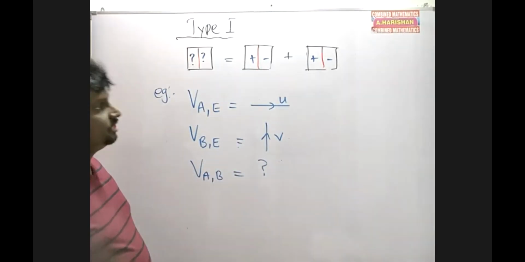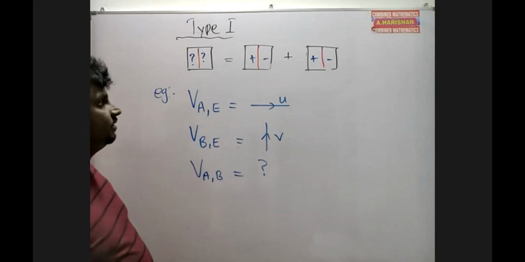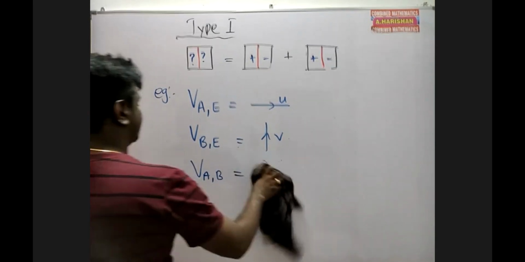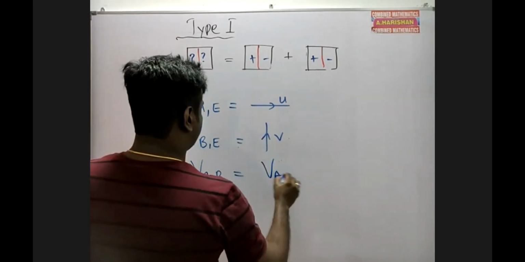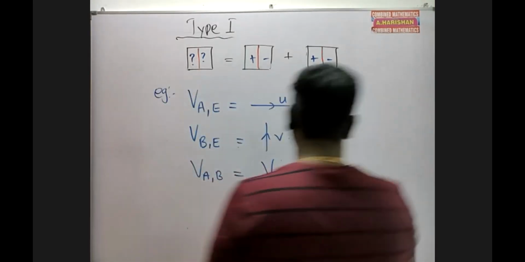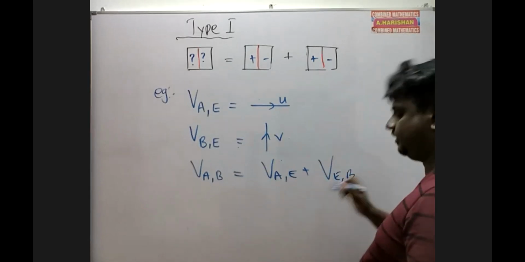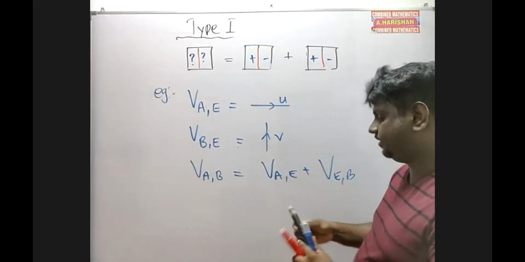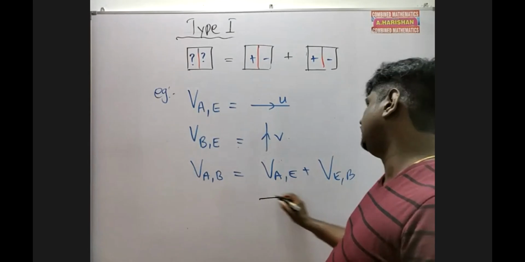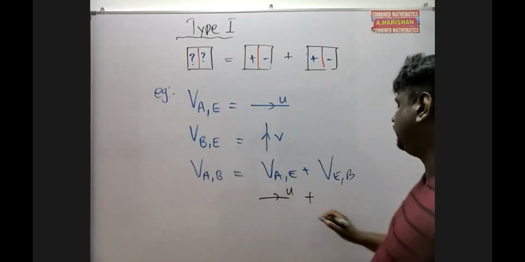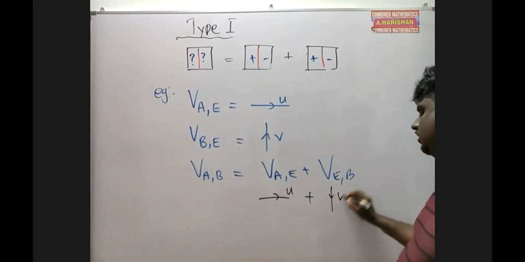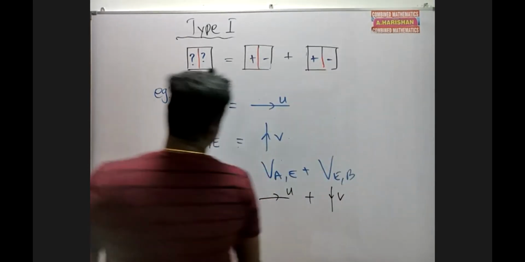Anyhow, we'll start with VAB. Okay, I can do it here. VAE plus VEB. So you can see VAE is somewhere here, U, and VEB is, since VBE is upwards V, VEB is downwards V. Need to know about this.